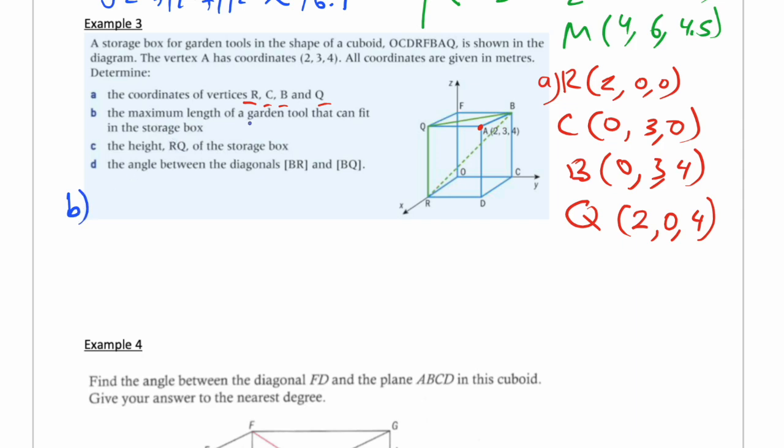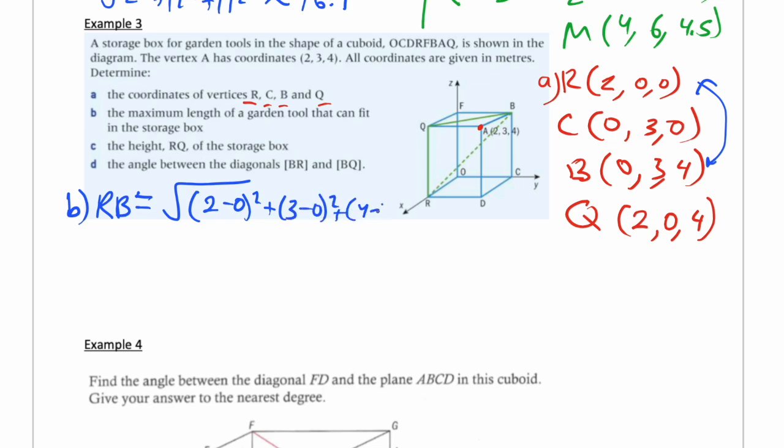Find the maximum length of a garden tool that can fit in the storage box. That's this dashed line right here, the distance RB. So we can use the distance formula that we just saw above. So square root of, now R and B are these two. So we do 2 minus 0 squared plus 3 minus 0 squared and 4 minus 0 squared.